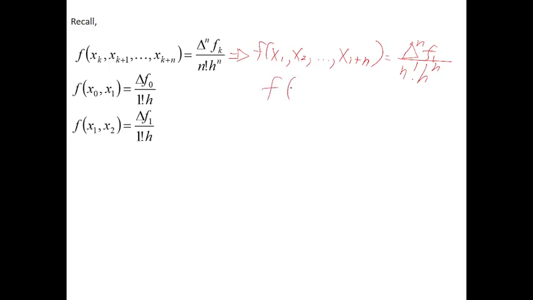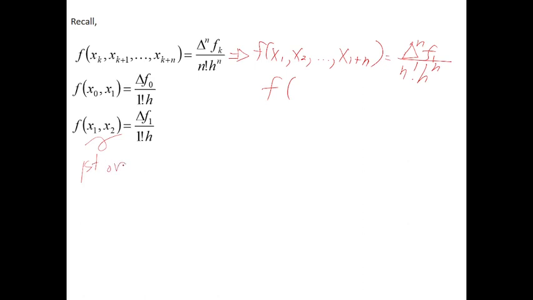Ngayon, dito ay x sub 1, x sub 2. So hanggang x sub 2 lang siya. Delta f1, 1 factorial times h. No? So ano yung n natin ngayon? Ang n natin ngayon ay 1, no? Ang n natin ay 1 pa rin. Kasi first order, di ba?